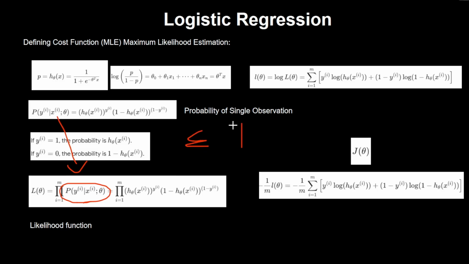For multiplication, we have this capital pi, where m is the total number of training samples, the total amount of training data which we're going to supply. And from i to m, we repeatedly multiply every probability.